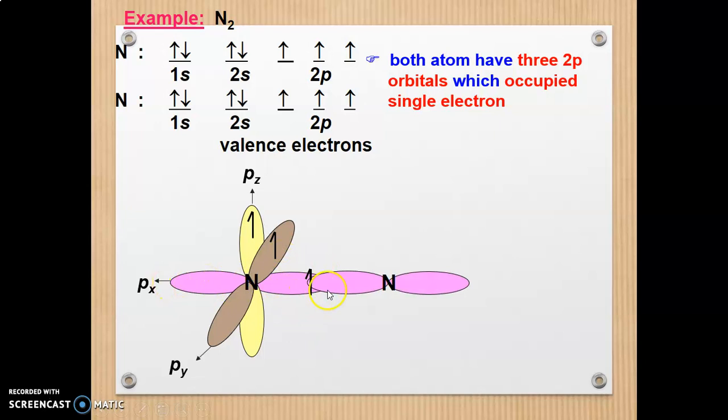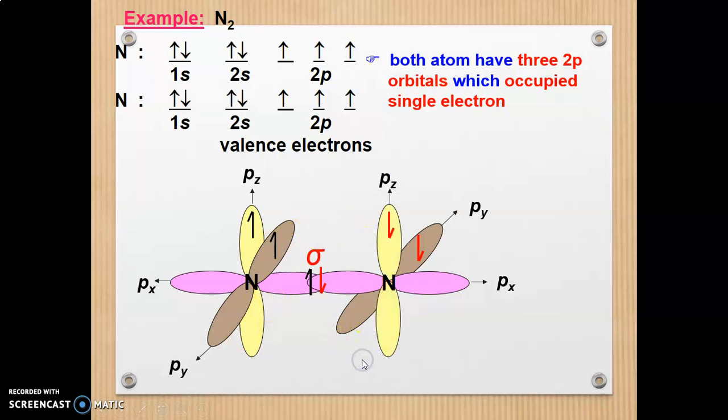So px will overlap with px, head to head, end to end to form the sigma bond. And for the py, it will overlap side by side. Pz also will overlap side by side.